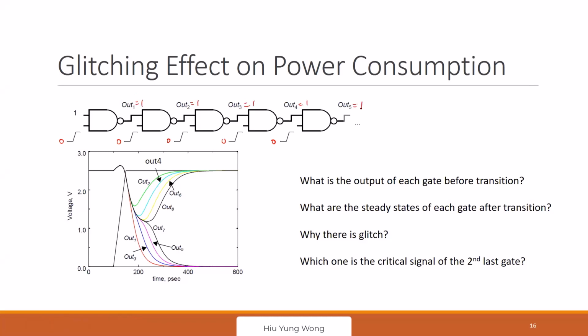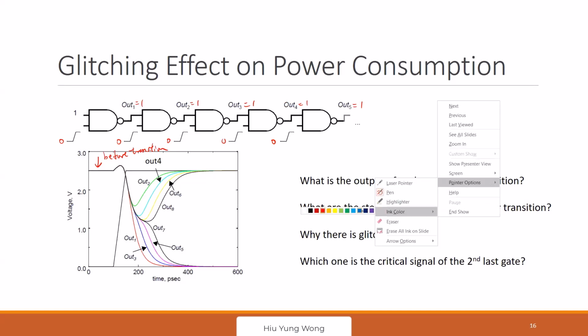They are all 1 at the beginning. You use this one maybe for an adder or something. Suddenly you decide to change everything to 1, the input.